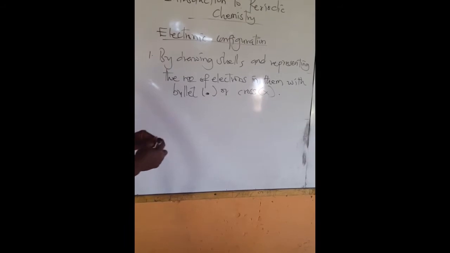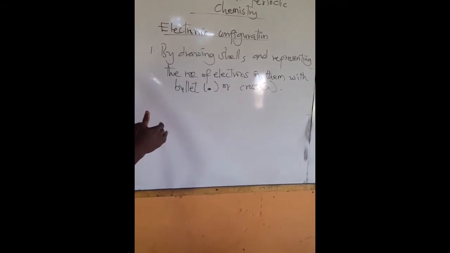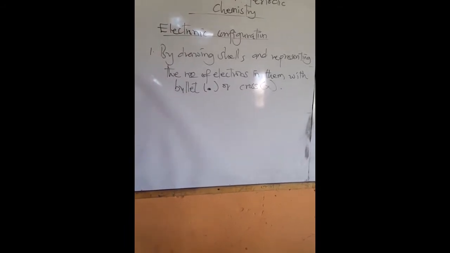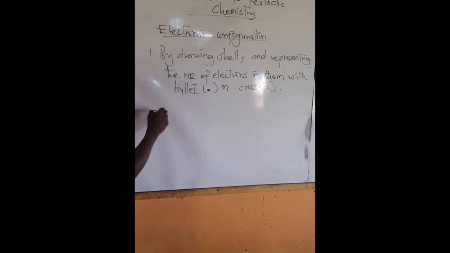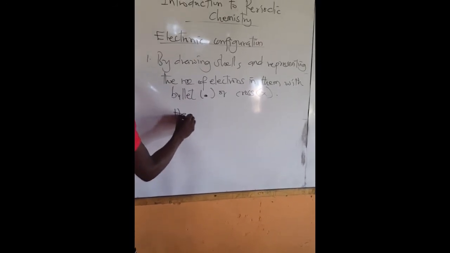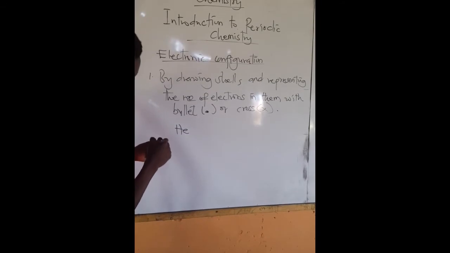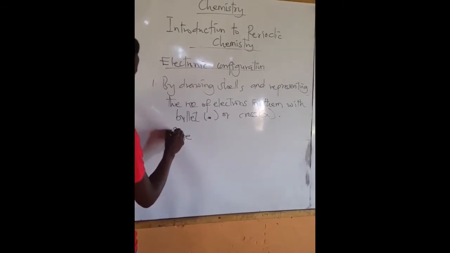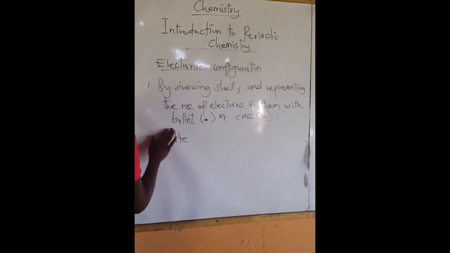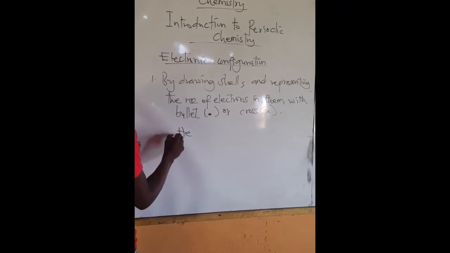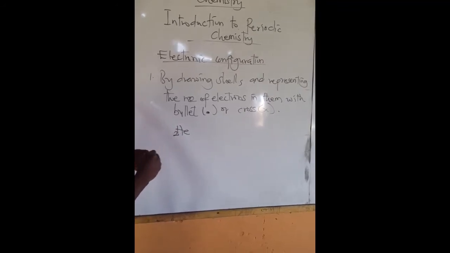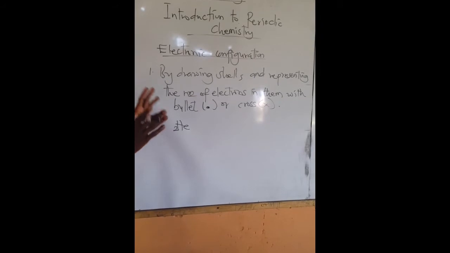So let's take examples under that. Here let's consider the helium atom. For the helium atom, the atomic number is 2. Here we are dealing with a neutral atom.